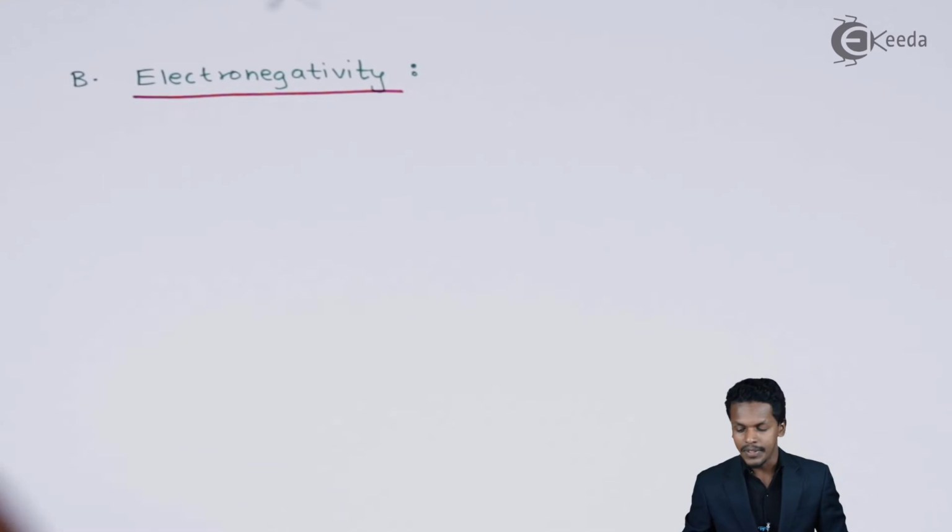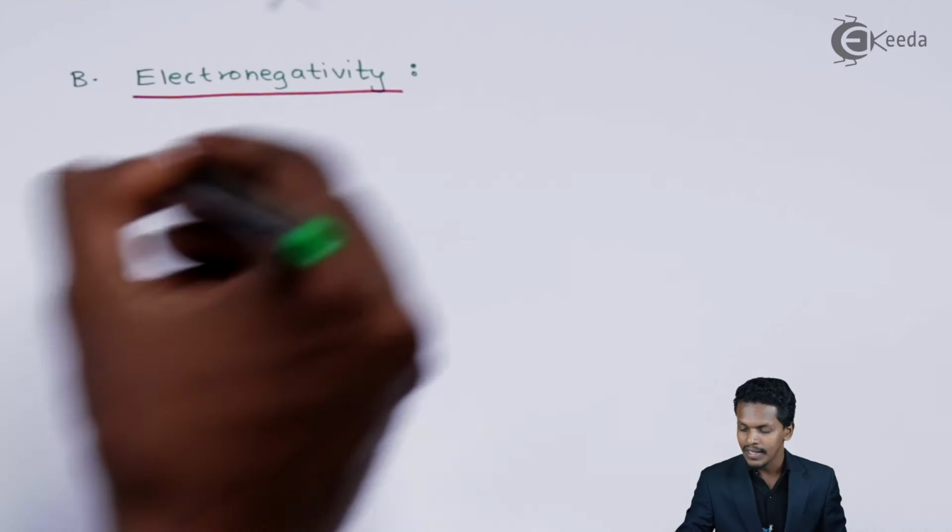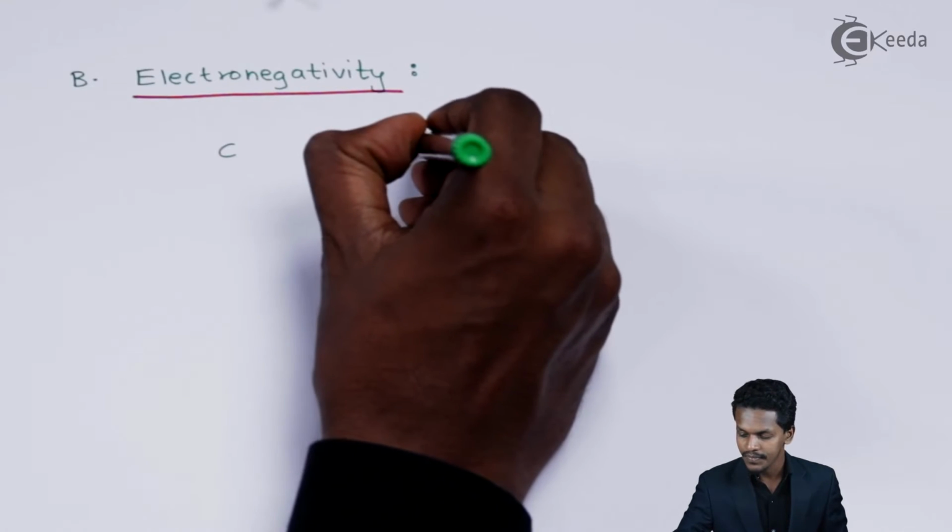Carbon is the smallest element in the whole of group 14, and its electronegativity has been found to be 2.5.